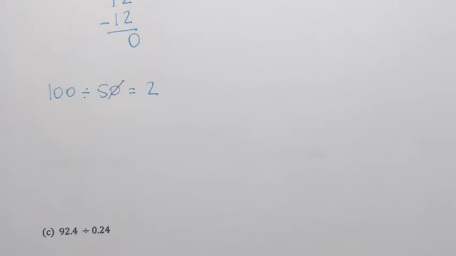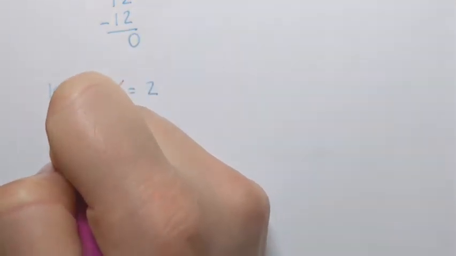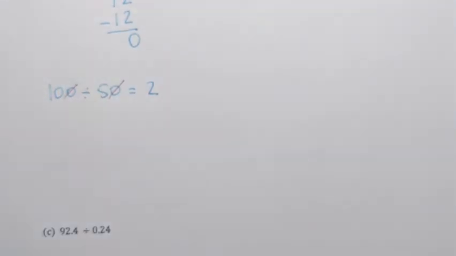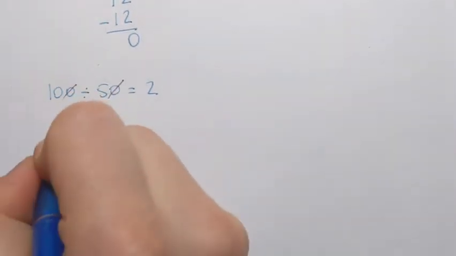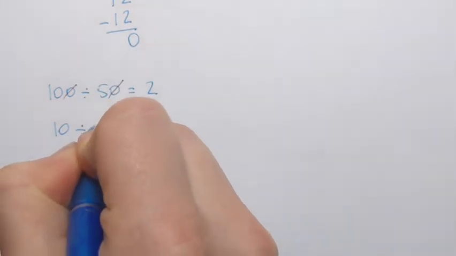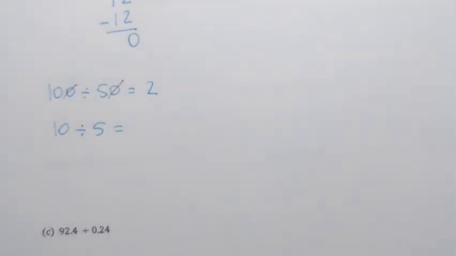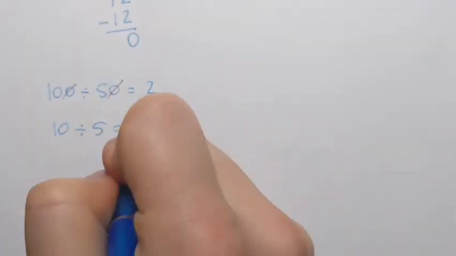So it's just 5. What if I'm dividing by 5? Well, in order for me to preserve the answer, I have to cross out 0 in 100 as well. So that means that I'll have 10 divided by 5. And that is also 2.